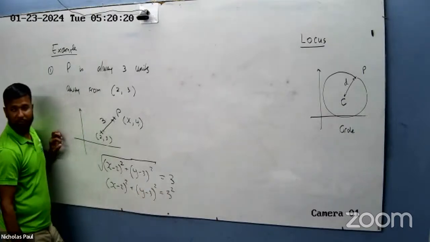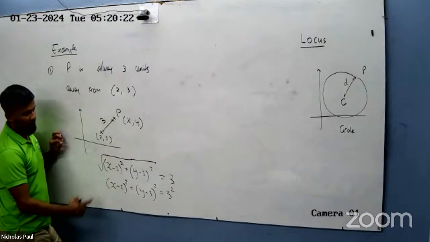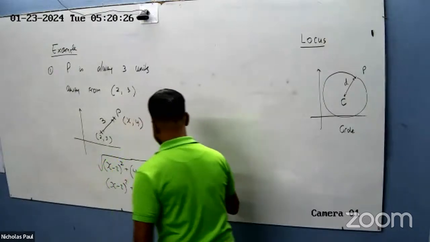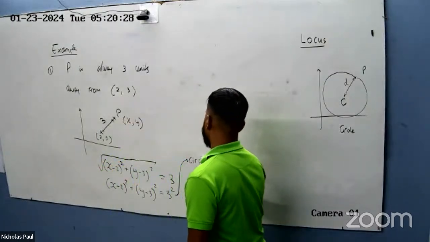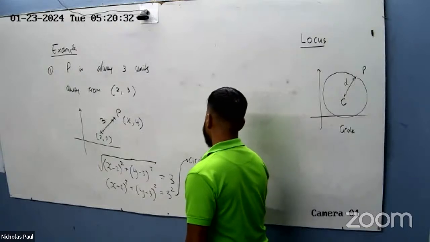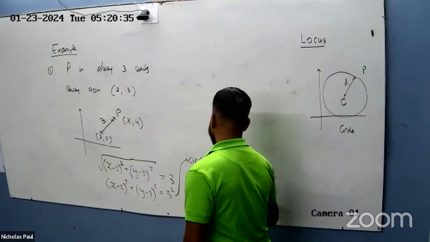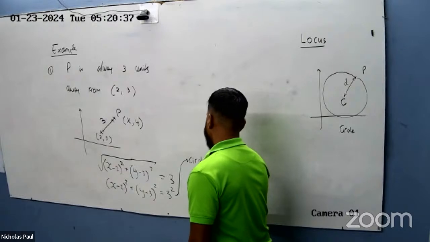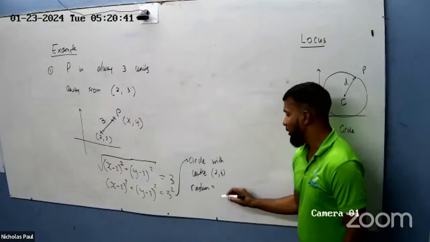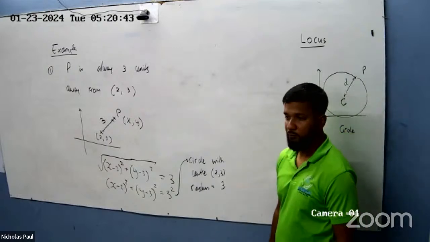What do we have? We have a circle with center 2, 3 and radius 3. Okay?